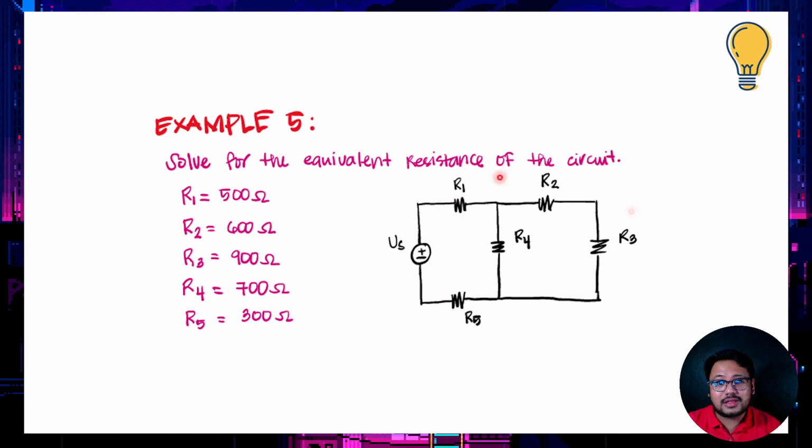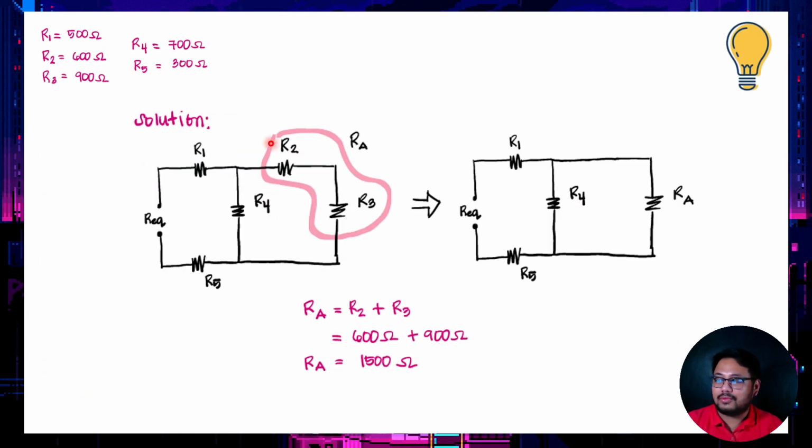In order to get the equivalent resistance, we will have to open our circuit at our voltage supply, and then we will work our way starting from the resistor farthest from our open circuit, and that is R3. With R3, our R2 is connected.